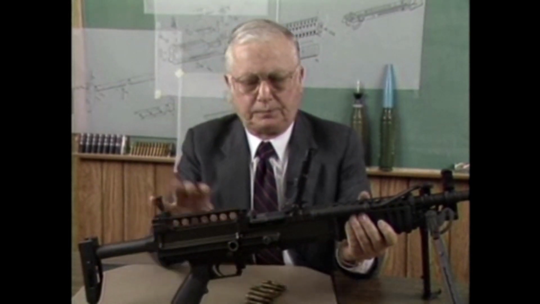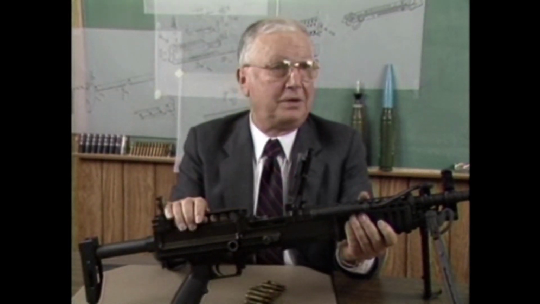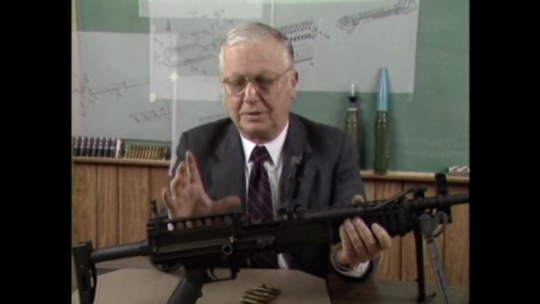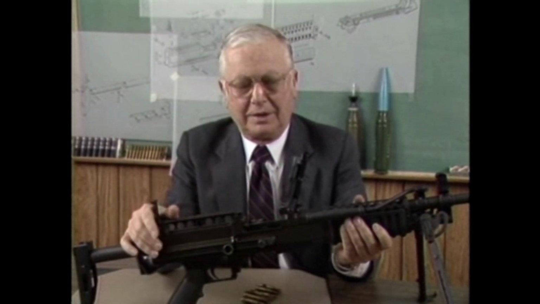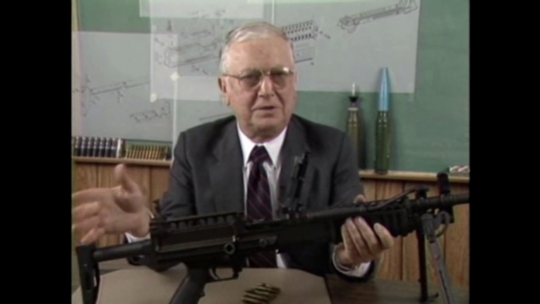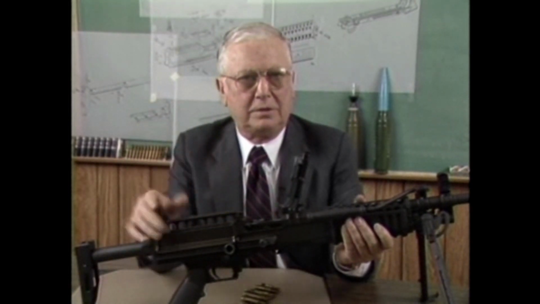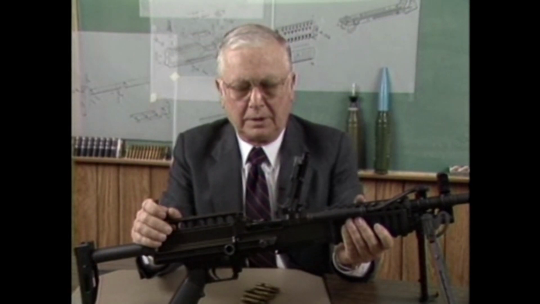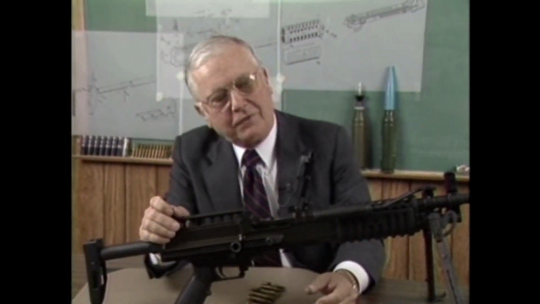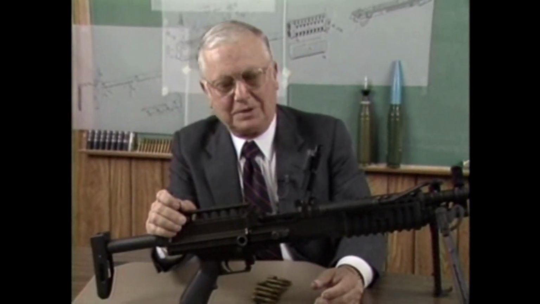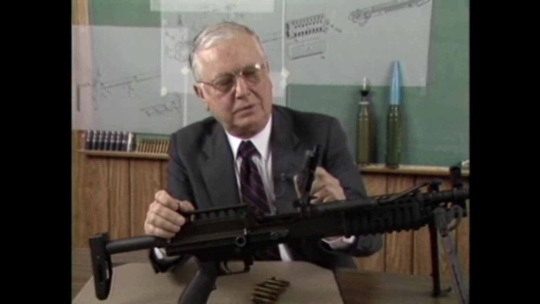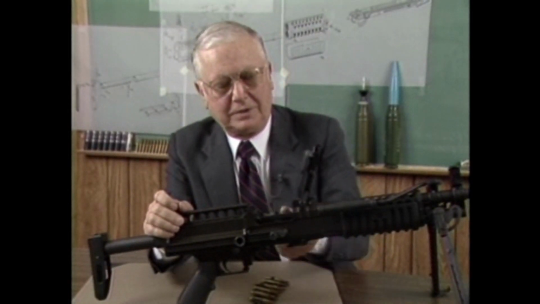But if we could get the adapter, we can show the changeover, that a man could carry this little adapter in his pocket, and if he ran out of belted ammunition and had magazines from M16s from the squad around him, he can quickly change over and keep on firing with that. But I don't know exactly how far we can go until we get those parts, but basically that's one of the things that's unique on this, is this simplified feed system, as I call it.